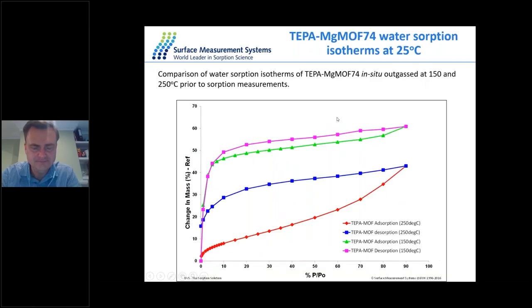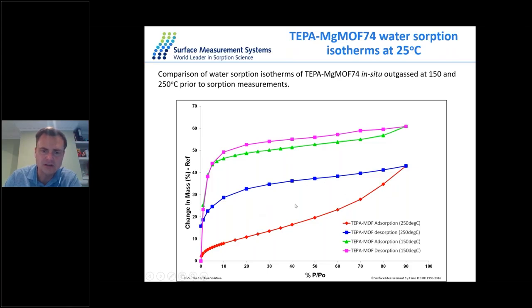And again, we see the huge effect of outgassing, where the functionalized MOF has a much smaller hysteresis gap. The adsorption branch is shown in green, desorption in pink. The gap is very small, very similar to, let's say, what you get for some zeolite-type or clay materials, compared to the same material outgassed at 250 degrees. Again, we see huge hysteresis gaps.